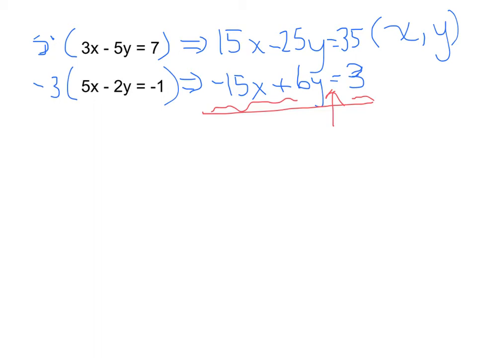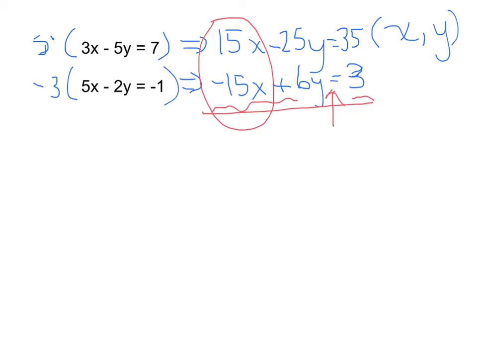Now, the reason I chose these numbers to multiply by is because if you look at positive 15x and negative 15x, when you add these two things together and collect your x's, you have no x's left. We've eliminated x as a variable. This is the same thing we try to accomplish when we're substituting.